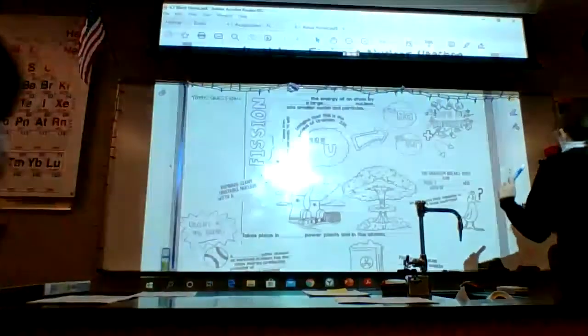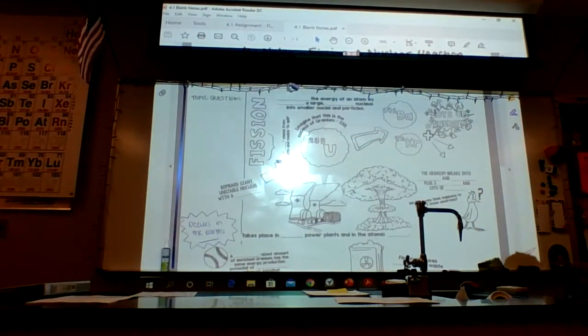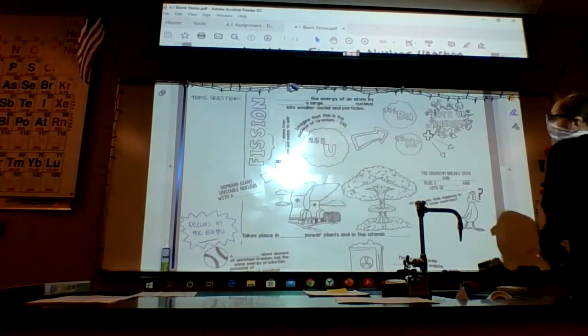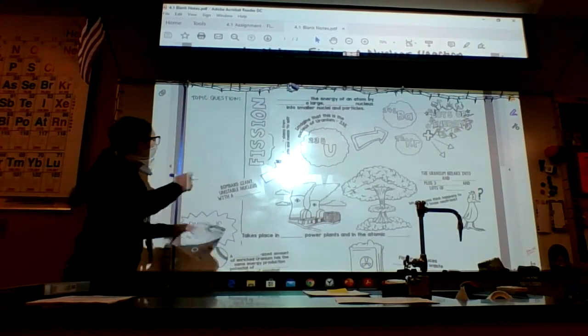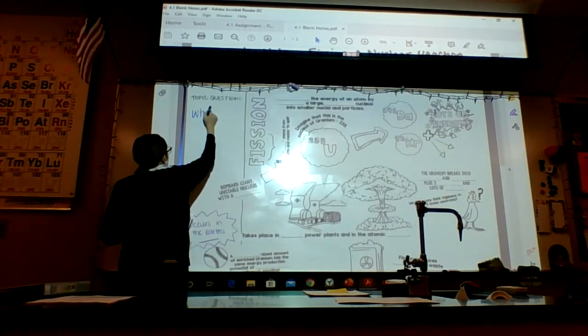Alright, so nuclear reaction. We're going to keep in the back of our heads that it deals with nuclei of atoms. The first type of reaction we're going to talk about is fission. So, topic question. What do we want to get out of our notes today? We want to answer these two questions. What is nuclear fission? Did we write that down?